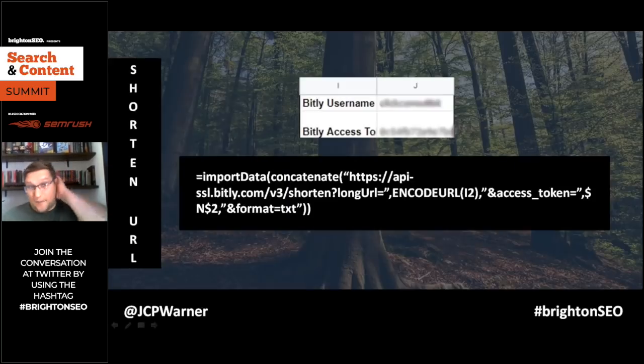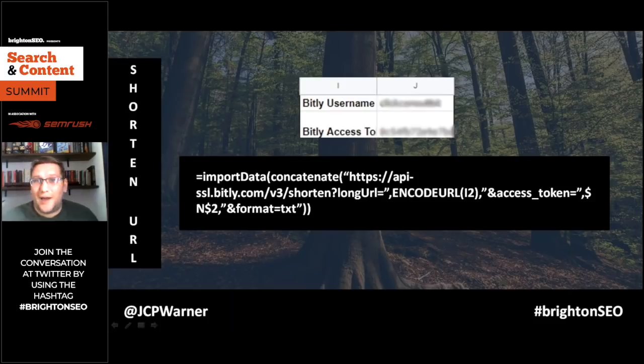So next bit is a bit more of a complicated one, which is why I've got it here ready to copy and paste if needs be. But just to run through this formula, what we're looking to do here is to import a shortened URL from Bitly.